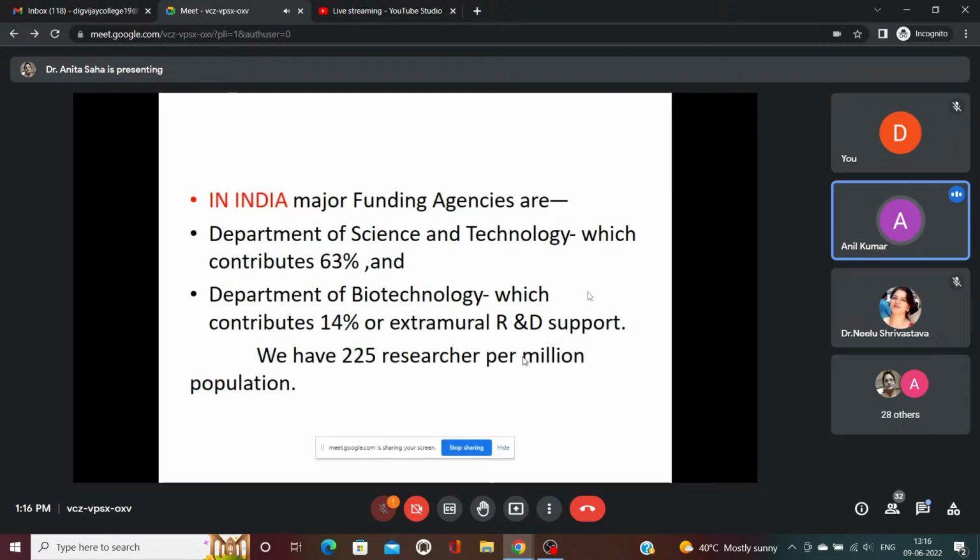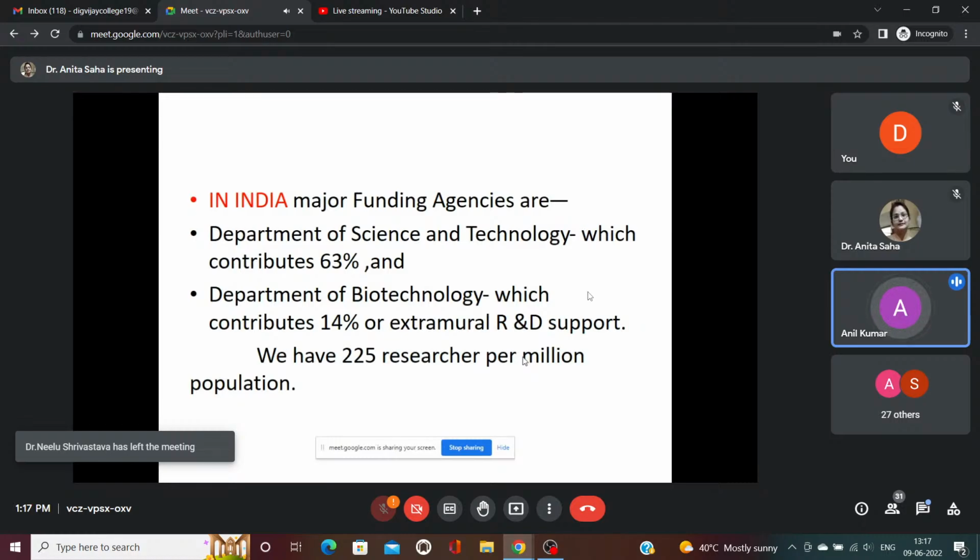The Department of Science and Technology contributes about 63% of total extramural R&D support, and the Department of Biotechnology contributes nearly 14%. Previously, CSIR, the Council of Scientific and Industrial Research, was the biggest funding agency, but today the scenario is different. DST and DBT are contributing more and more.